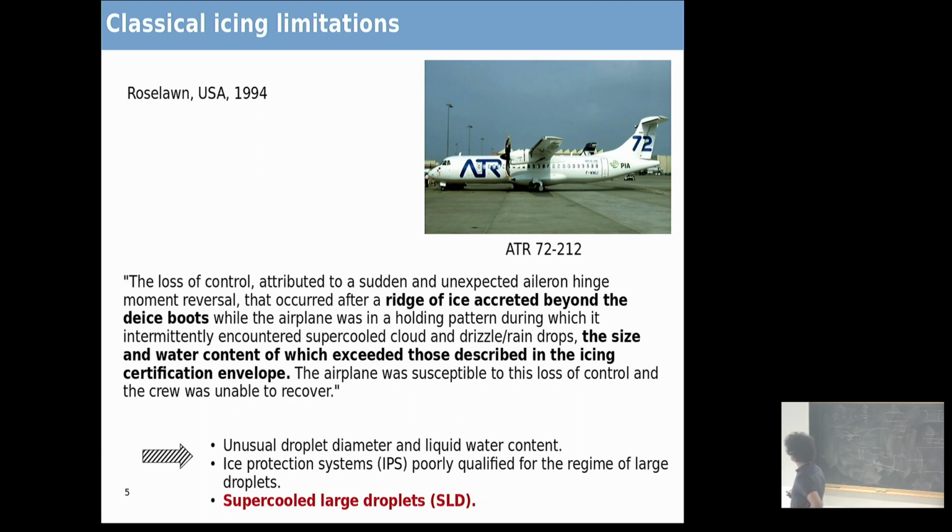And what happened due to SLD, large droplets? They observed a loss of control attributed to a sudden and unexpected hinge moment reversal. And the main thing they observed was a ridge of ice which accreted beyond the de-ice boot. Here you can see the de-ice boot, and they saw some kind of ridge of ice behind it. And this kind of ice shape is terrible for the lift coefficient, and the plane just fell down.